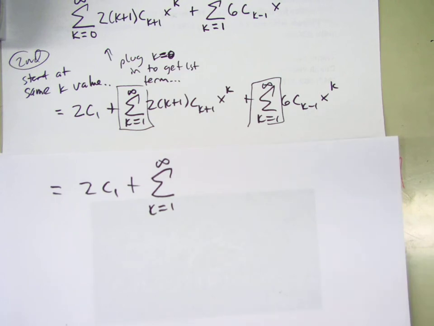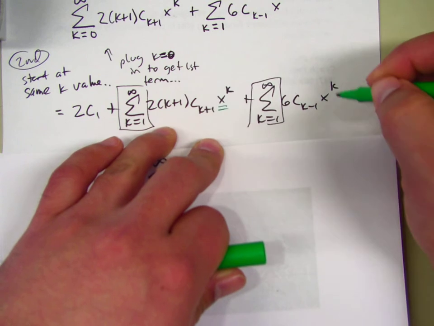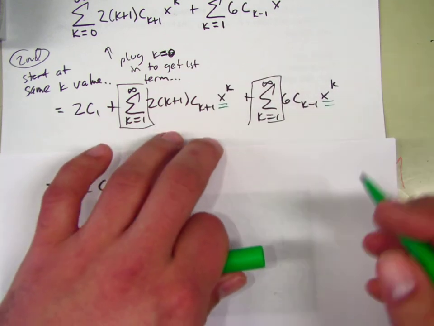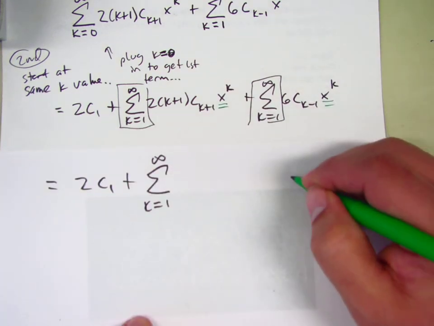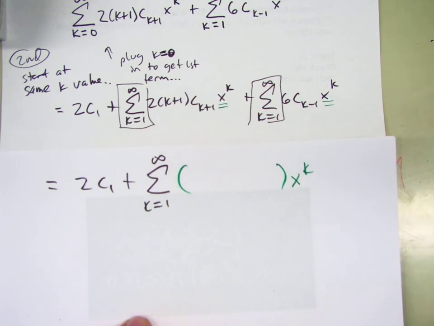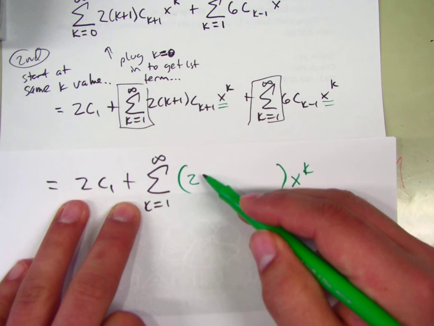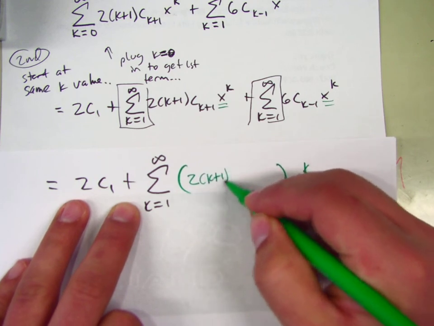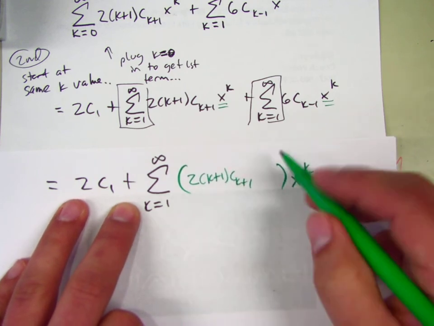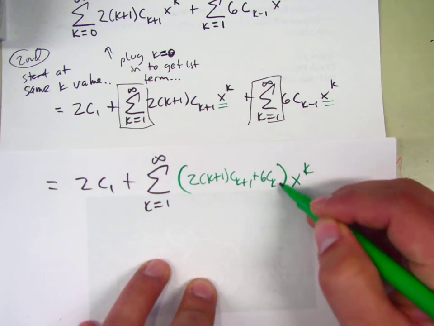And what we're going to get in the habit of doing, and you'll see that in a little bit, is this: both of these have x to the k in common, so we factor it out of everything and write down everything else that's left, which would be 2k plus 1, c sub k plus 1, plus 6 c sub k minus 1.